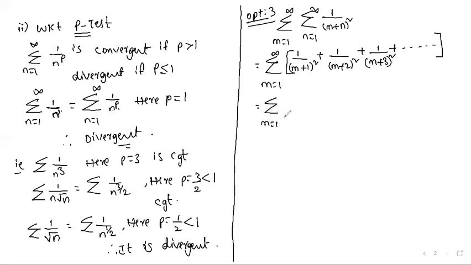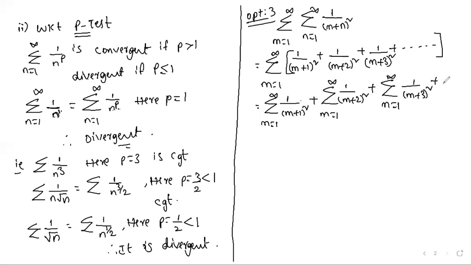summation m equals 1 to infinity 1 by (m plus 1) whole square, plus summation m equals 1 to infinity 1 by (m plus 2) whole square, plus summation m equals 1 to infinity 1 by (m plus 3) whole square, and so on.